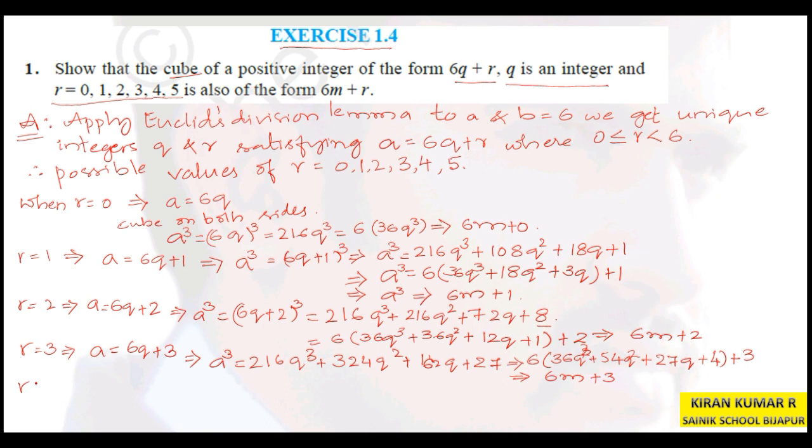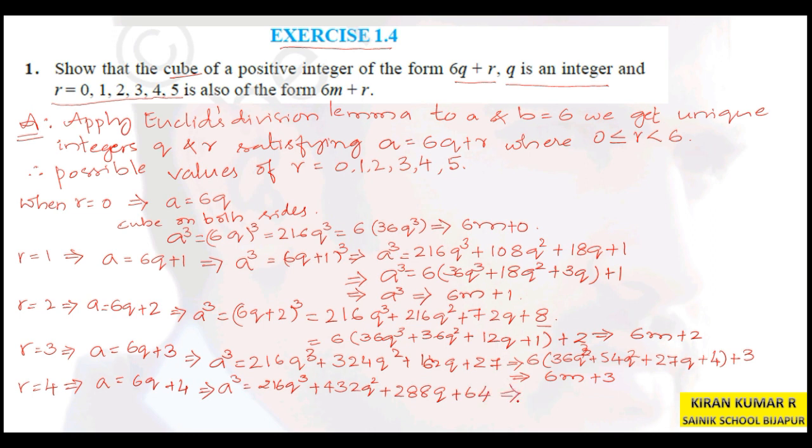Now if you take r value as 4, a becomes 6q plus 4. Now you cube on both the sides to get a cube equal to 216q cube plus 432q square plus 288q plus 64.